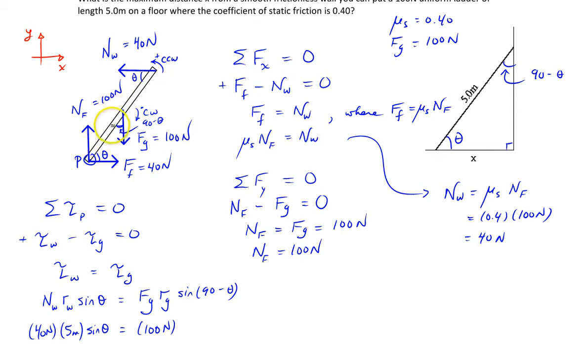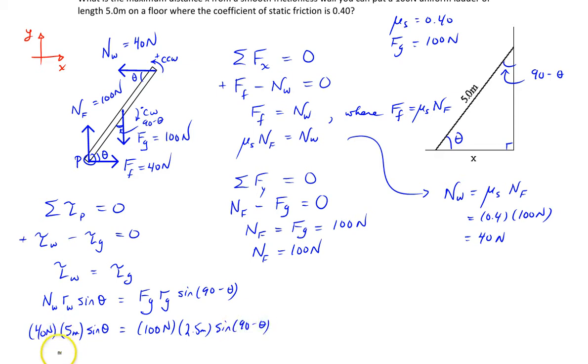So this is 5 meters, and this is only 2.5 meters. In fact, you don't even really need to know the length of the board, because if this is L, this will be just half of L. Anyway, sine of 90 minus theta.